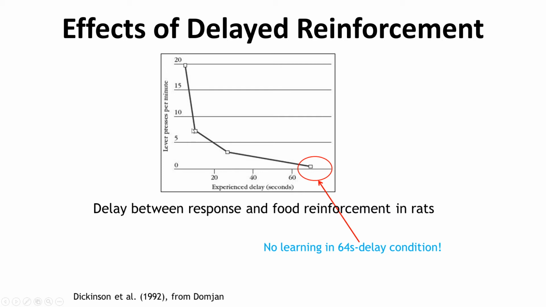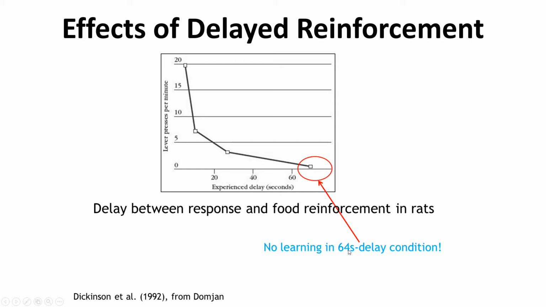However, there was still some lever pressing. There was still some learning, even in the range of, say, 10 to 20 to even 30-second delays, because they're still pressing the lever more than not at all. However, once we get out past a 60-second delay, there are really low rates of responding, and after 64 seconds, they pretty much saw 0 responding in all of their rats.